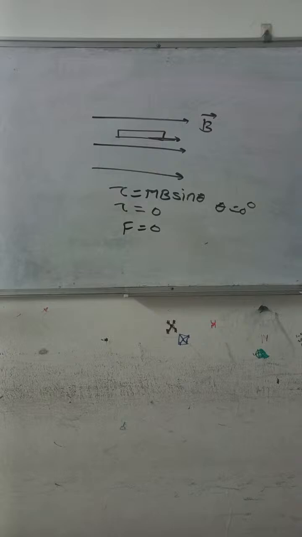Check which option will come. Here option C is the correct answer. The tangent at a point on the magnetic field line always represents the direction of the magnetic field at that point. Okay, C is the correct option.